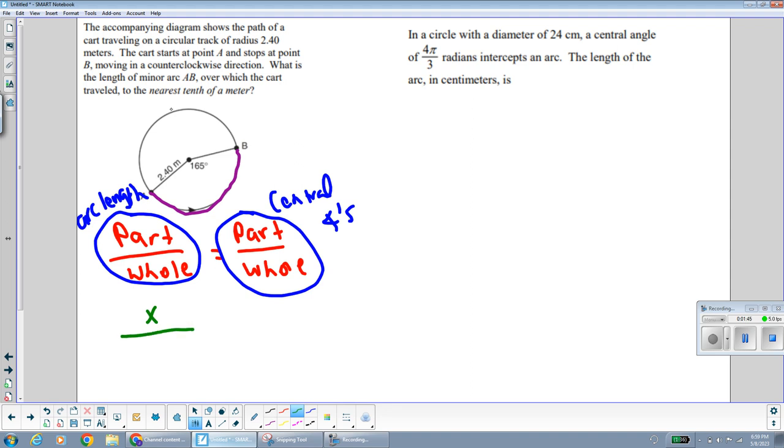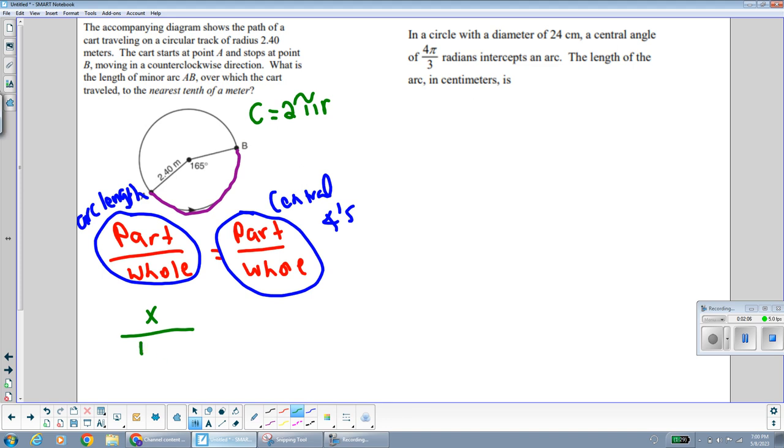If we go around the whole circle and we measure the length, that's the same thing as saying the circumference of the whole circle. So the circumference of a circle is 2 pi r. And since the radius here is 2.40, let me plug that in. So that would be 2.40 times 2.